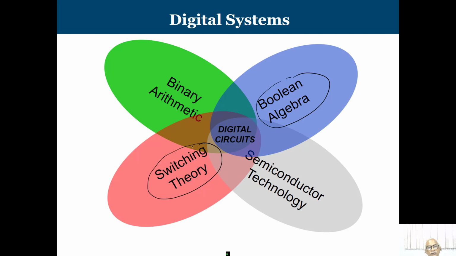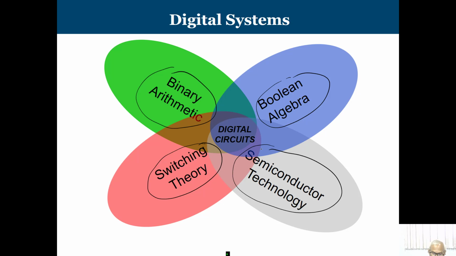All those things come under switching theory, where we talk about AND gate, OR gate, NOT gate, and we implement them with the help of switching circuits. Today we are going to talk about binary arithmetic. Once we have all those things, we can implement our circuit using semiconductor technology, basically on a silicon wafer.